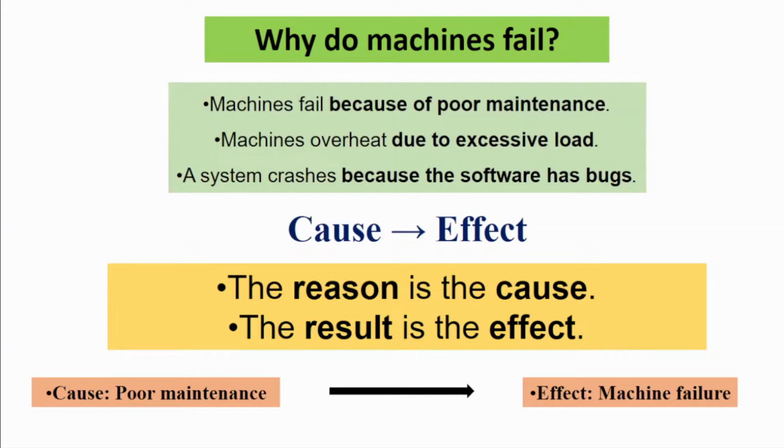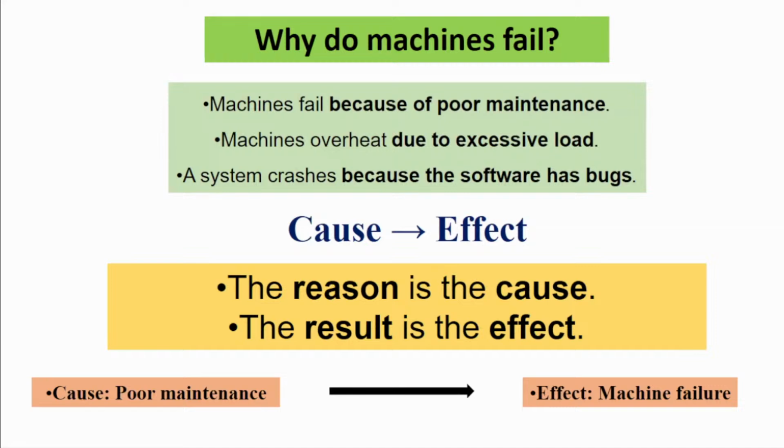What is the effect? The result. Right? Machine failure is the effect here. If we take the second one, machines overheat. Machines overheat due to excessive load. What is the cause? Can someone tell me the cause in machines overheat due to excessive load? So basically, cause and effect means reason and result, right?